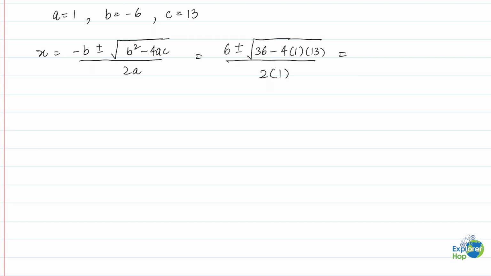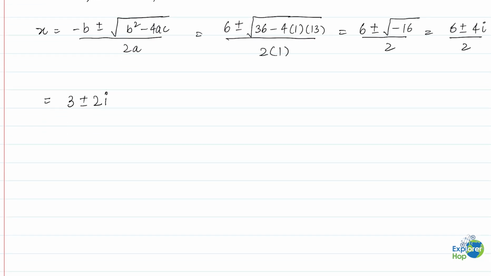Simplifying it, we would get 6 plus minus square root of minus 16 over 2. We know that the square root of minus 16 is 4i, as we are now familiar with complex numbers. So we would write 6 plus minus 4i over 2. Further simplifying it, we would get 3 plus minus 2i.